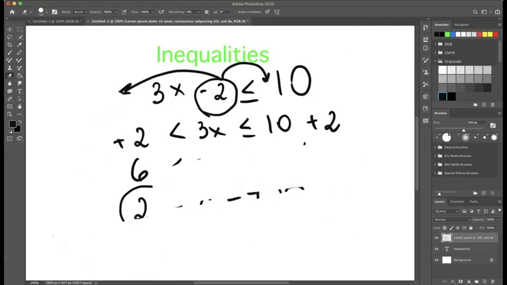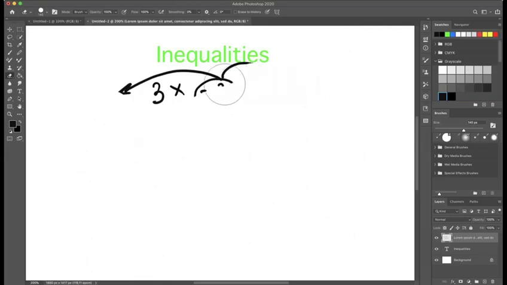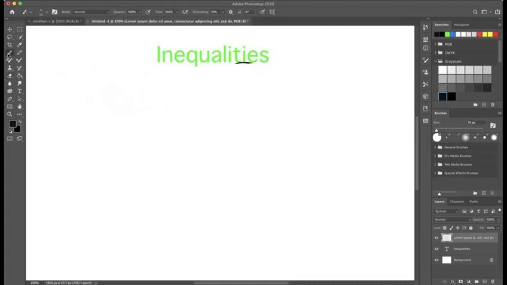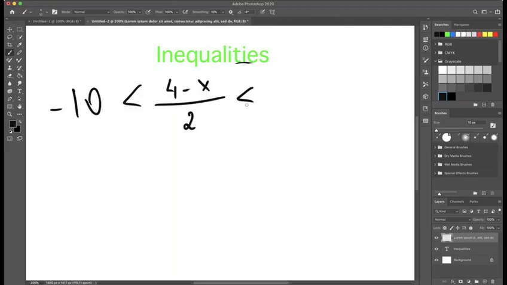Now double inequalities, but with fractions. For example, something like this.